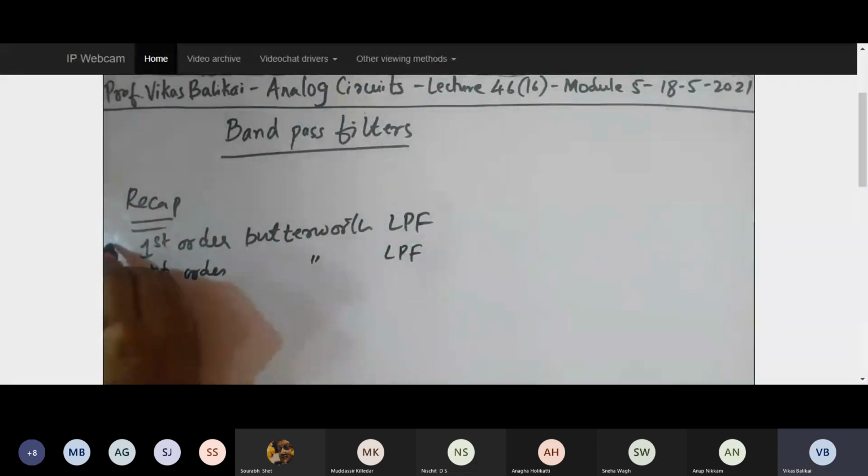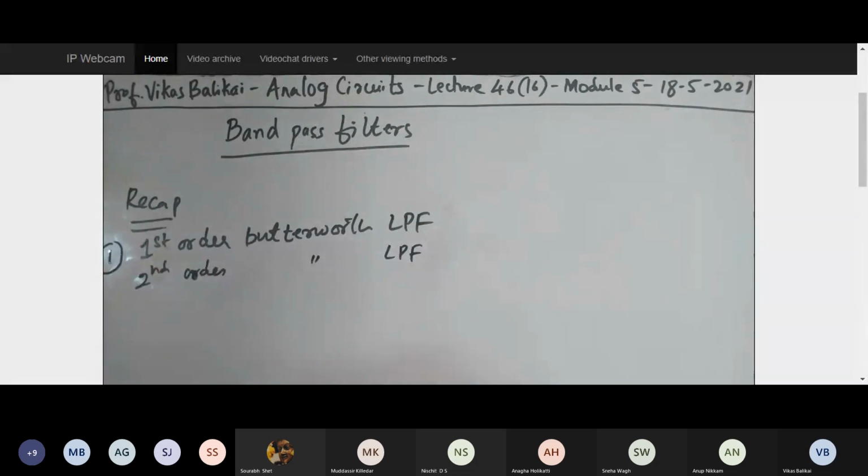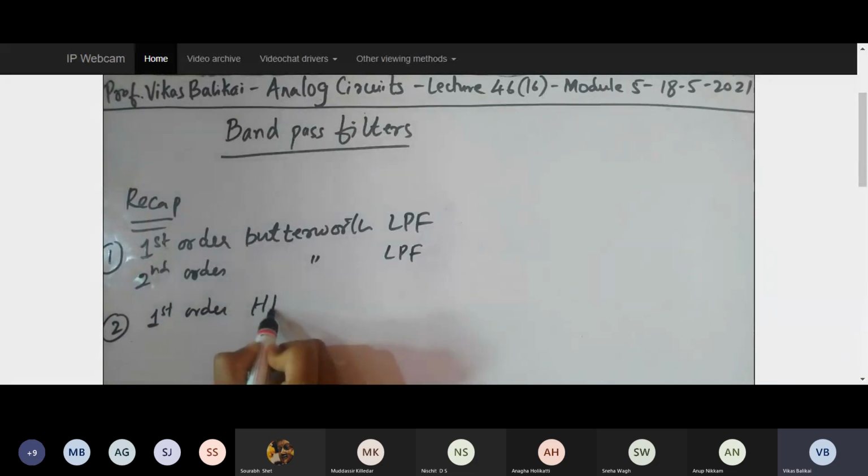So these together are one concept. And the second one was the first order high pass filter. All are Butterworth filters only. And then yesterday we looked into the second order high pass filter.